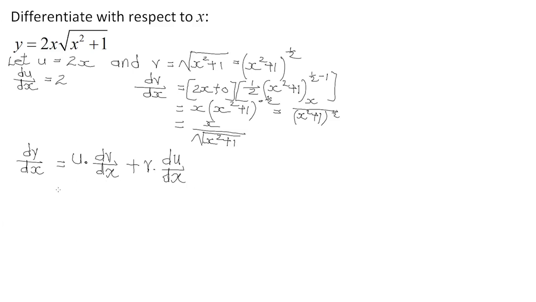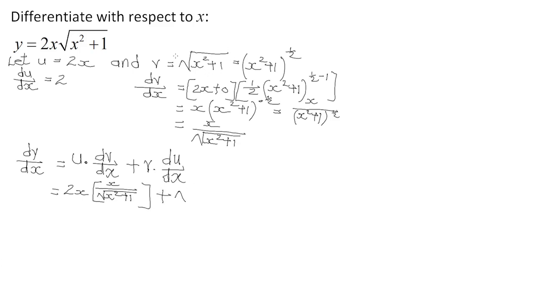This is what this means. In other words, what is u? u is 2x. I always put that in a round bracket and my derivatives in a square bracket. dv/dx, can you see u, dv, v, du? So u, 2x, dv/dx, it's x over the root sign of x squared plus 1 plus v.